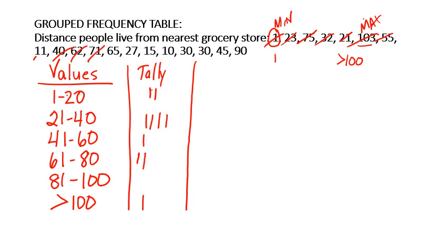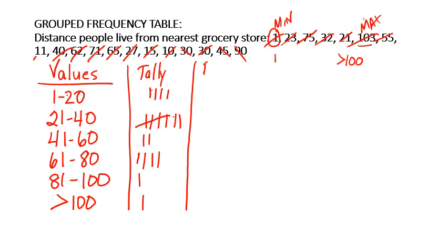62, 71, 65, 27, I'll cross it off for the 5, a 15, a 10, a 30, another 30, a 45, and a 90.